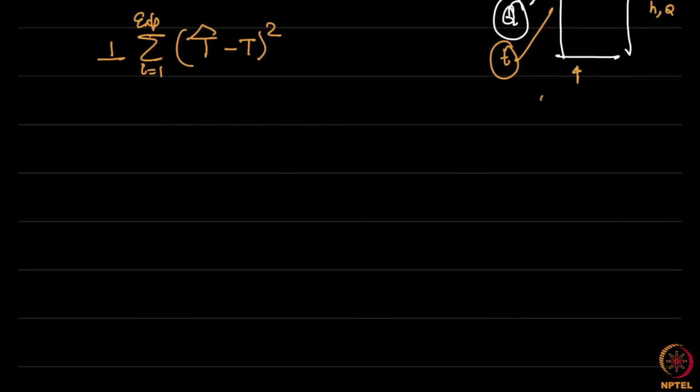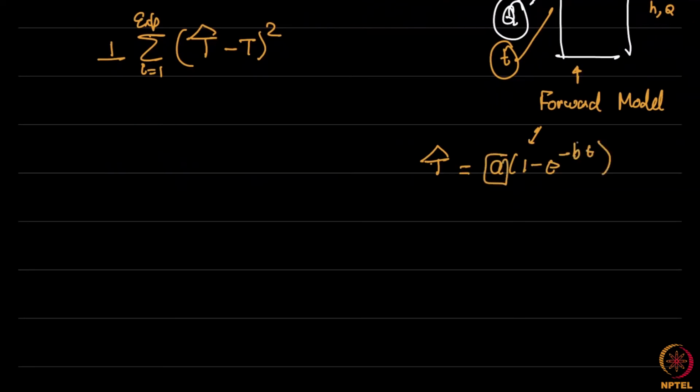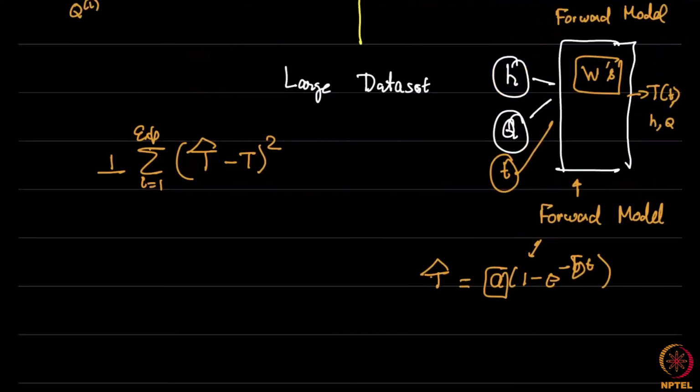Once you get W's of this model, then you can do the standard thing. Then this now is the forward model. How is this the forward model? Now notice, compare this with the actual analytical forward model, which was theta hat equal to A times 1 minus e to the power minus Bt. Here notice, whatever role A and B were playing is the same role that H and Q will be playing in our forward model. These are now known after you have fit.